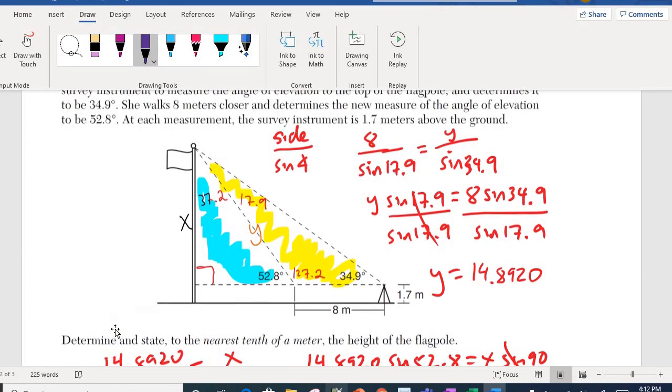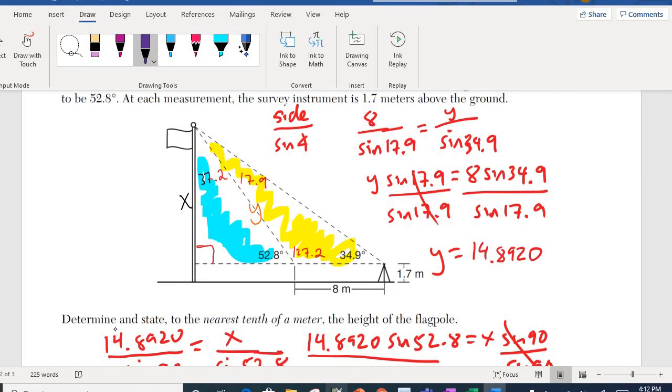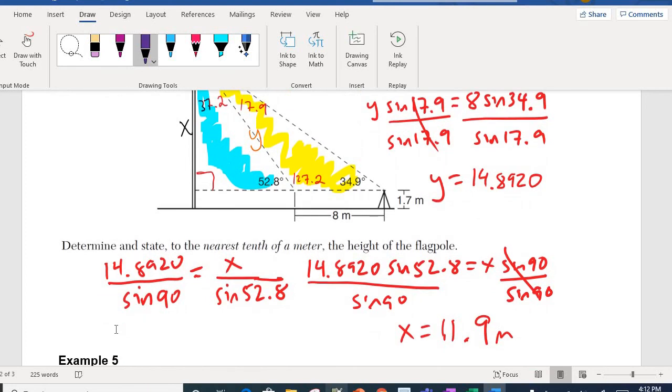One small comment that I just realized when I go back to look at example number 4: the X value that we found was the X value of the triangle, which did not include, by the way, now that I'm looking at this again, the additional 1.7 meters. So we would have to add that on.